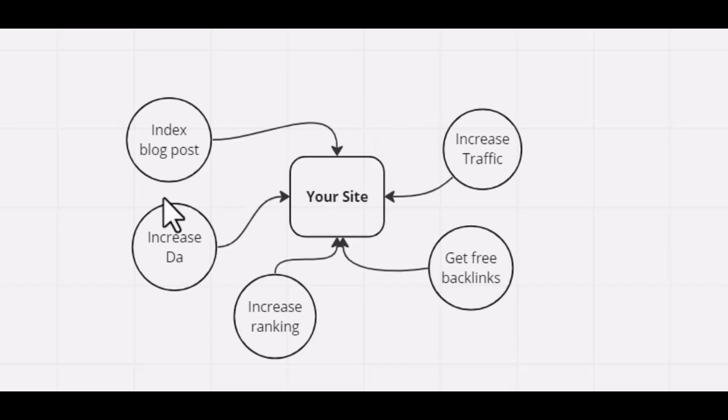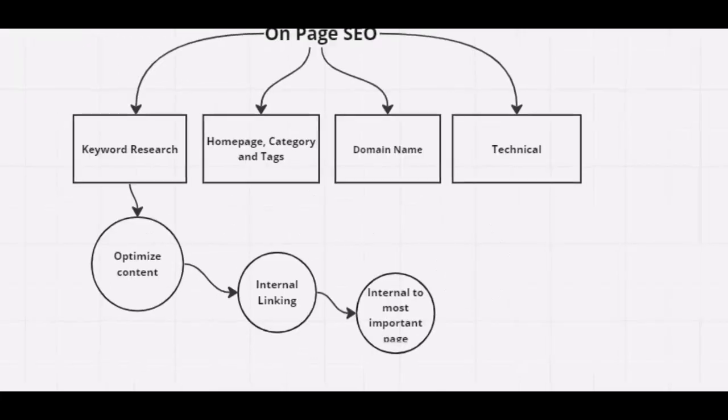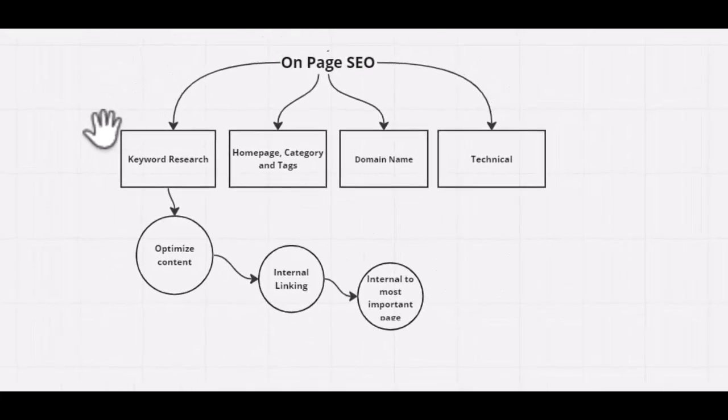Another thing is, before you start building backlinks to your site, make sure you have done on-page SEO for your site. For those backlinks to be effective, do on-page SEO.